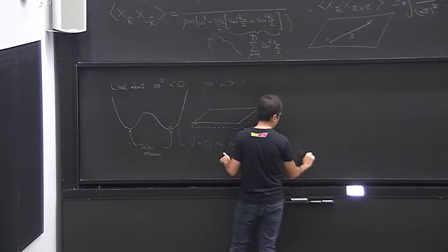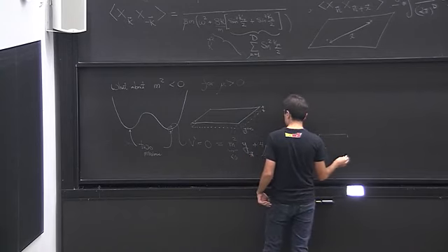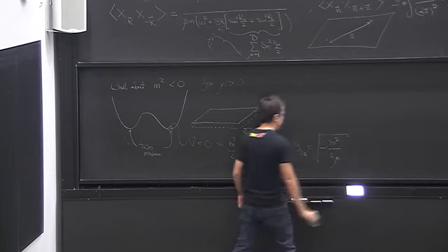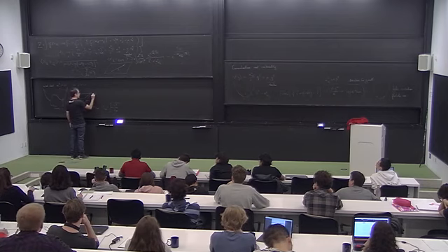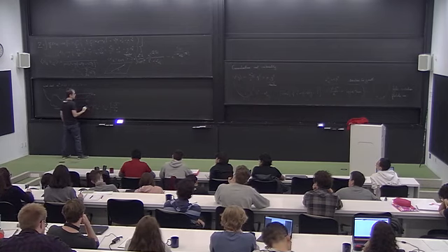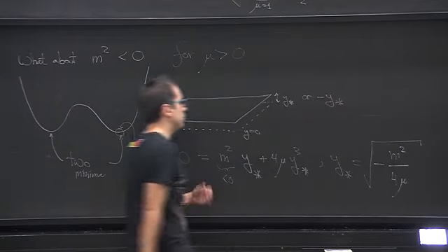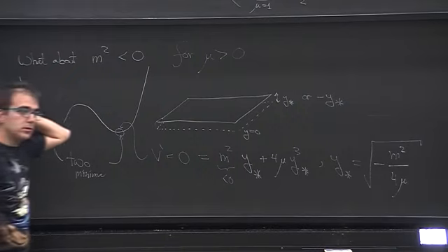So y star is square root of minus m square over 4 mu, which is fine because m square is negative. And therefore, what our table does, the table wants to go to this position y star or minus y star. So there are two stable equilibrium positions that our table would like to go.